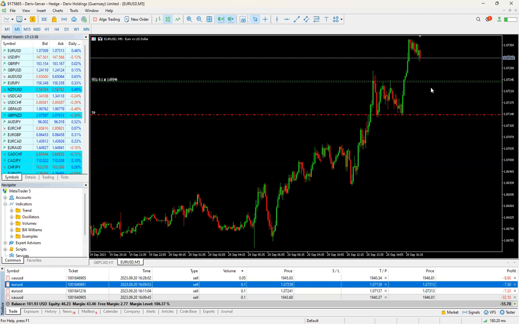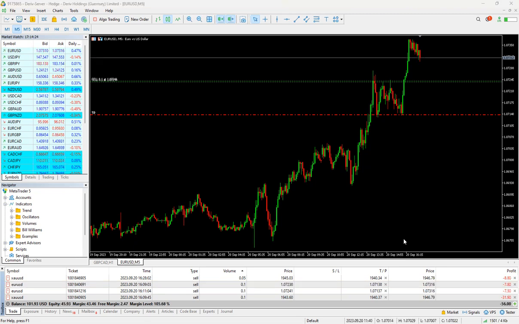But this one is asking, is the news only affecting the US pairs? Yes, that is true. The news is affecting only the US dollar pairs, but it will also cause the overall market to move. The reason being that most of these currencies depend on the dollar, so it's going to cause almost all the currencies to have a movement.